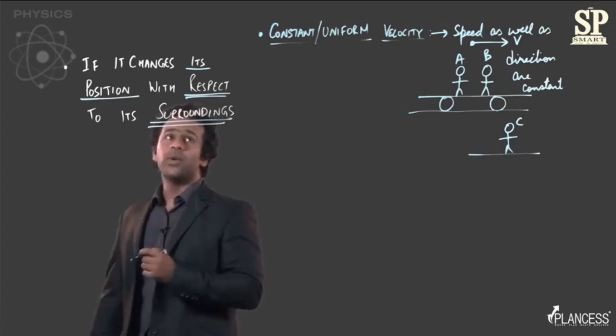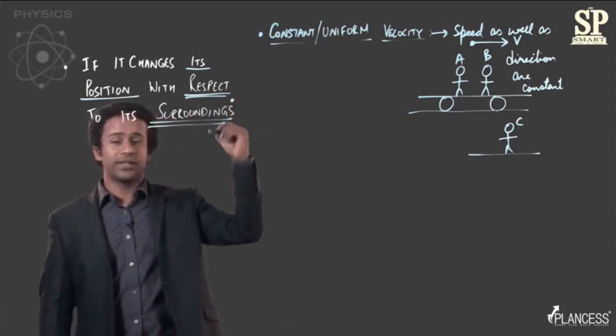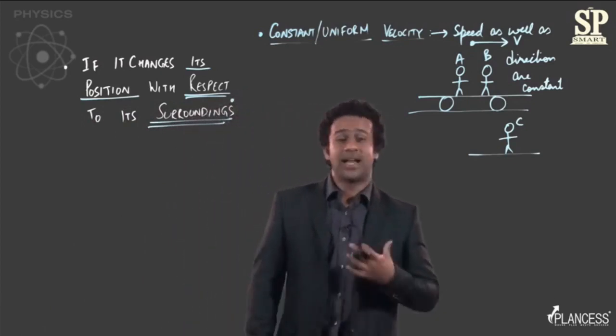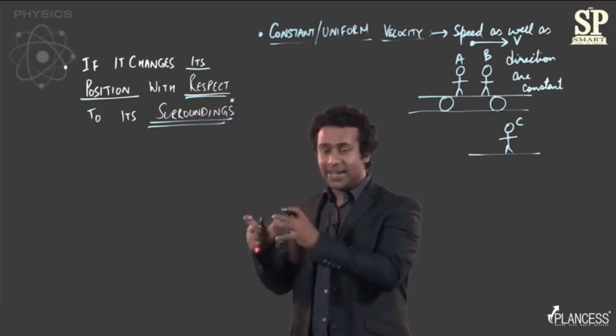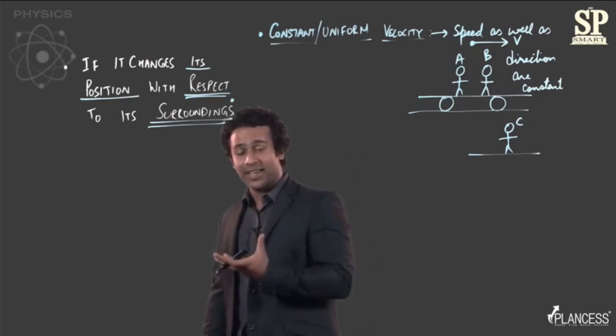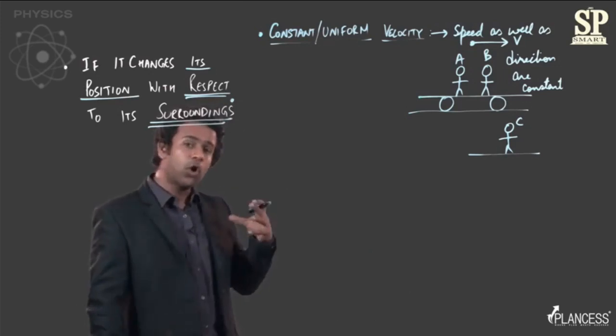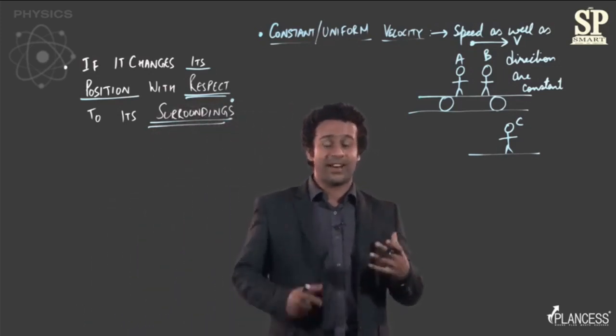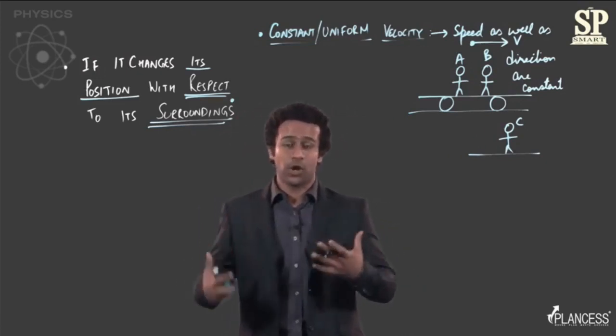This is why we made a mention of surroundings. So, motion is not absolute. That is, we cannot isolate an object or take any object and say that this is in motion. We also have to define with whose respect we are defining whether it is in motion or not.